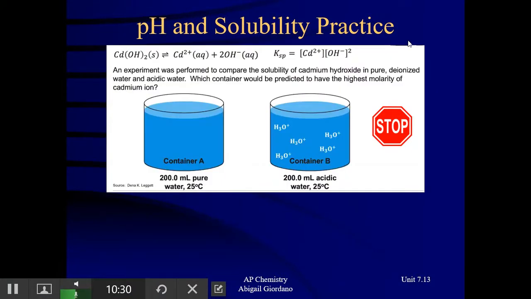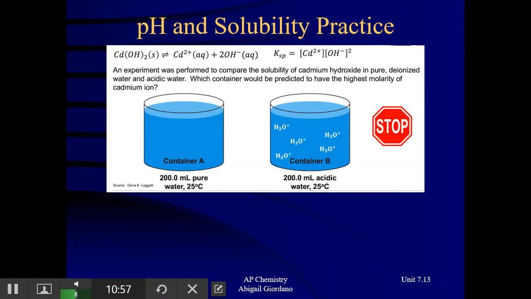All right, let's look at one more. This one's a little bit more complex. So I'm going to read it to you. If you want to pause, you can and try it on your own, or you can just listen to me talk through it. Same reaction, cadmium hydroxide. An experiment was performed to compare the solubility of cadmium hydroxide in pure deionized water and acidic water.